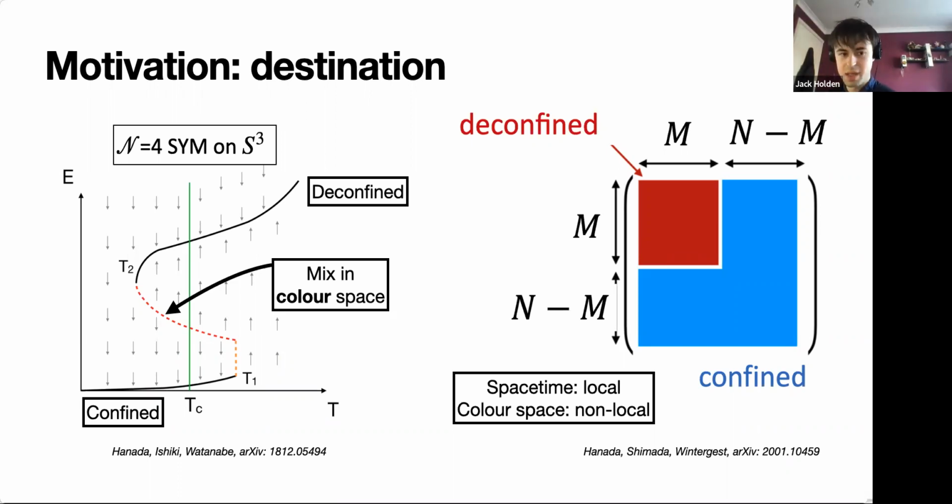So a big difference between color space and space-time is that space-time interactions must be local, whereas in color space, the interactions are not in general local. And so in the case of ice and water, non-trivial dynamics can only happen at the intersections in space.